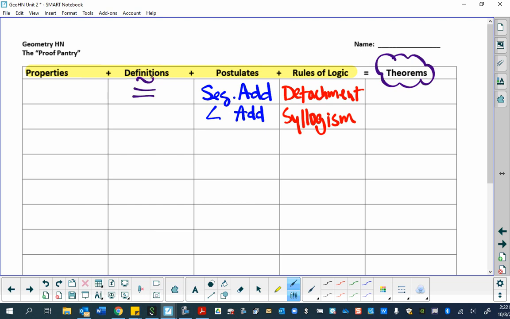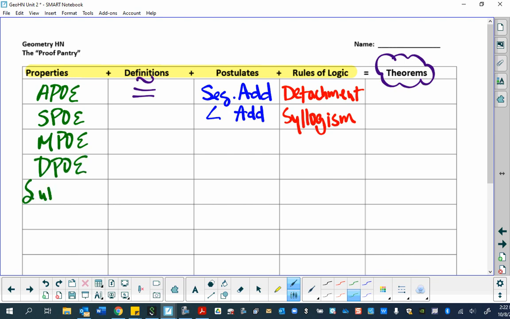So far, you've already seen examples of us adding the same thing to each side, subtracting the same thing from each side, multiplying the same thing from each side, and dividing the same thing from each side. You've also seen us substitute. So those properties, pretty important for sure.